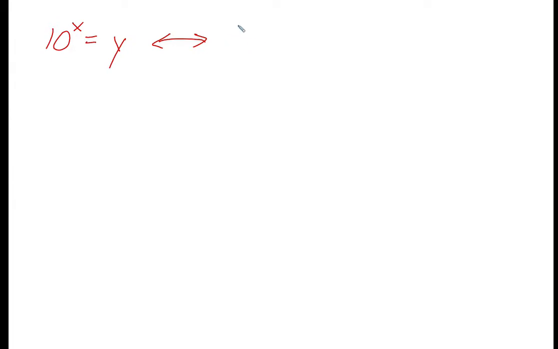That's exactly the same as writing the common logarithm, log of y is equal to x. Whatever this exponent is, that's what the logarithm equals. Whatever 10 to the exponent equals, that's what we're taking the logarithm of. The x and the y switch places, which makes sense because it's an inverse function.